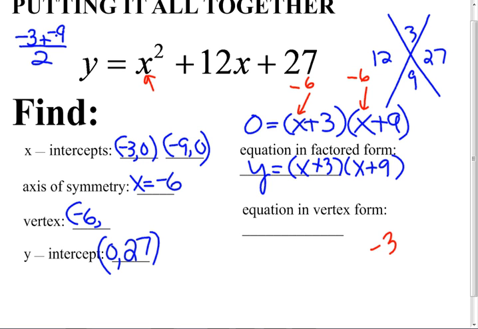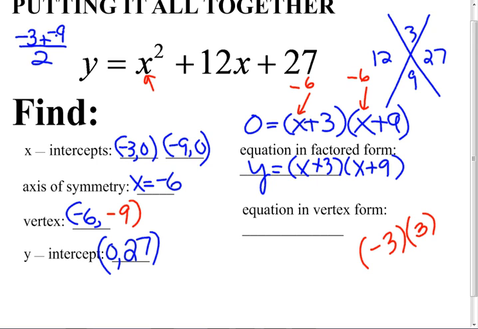Negative 3. And what's negative 6 plus 9? 3. Haven't you noticed that when I put them into the factored form, one's positive, one's negative, but they're the same? What's the answer? It's 3 times negative 3. Negative 9. You're multiplying, don't add.